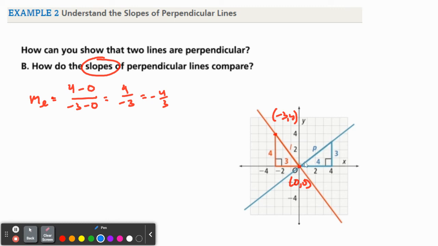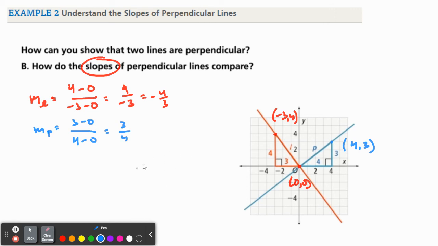And now let's do the same thing for line P. Again, we'll use 0, 0, but now we'll use this point right there. That's the point 4, 3. So to find the slope of P, we're going to take y2, which is 3, minus y1, which is 0, over x2, which is 4, minus x1, which is 0. And that's 3/4.